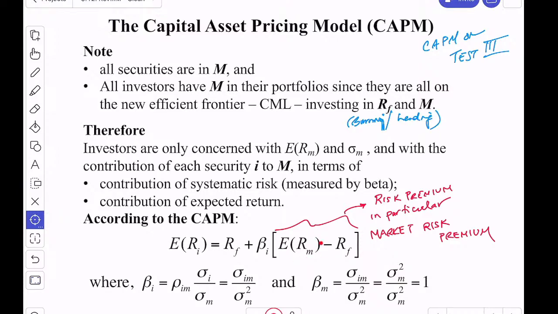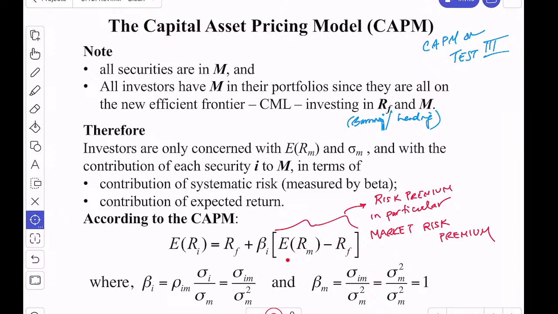This is what we calculated back when we were talking about risk and return in the other set of notes, where we were taking the returns to long-term corporate debt minus the risk-free rate and calculating the risk premium for different asset classes. Now I'm talking about the market risk premium.